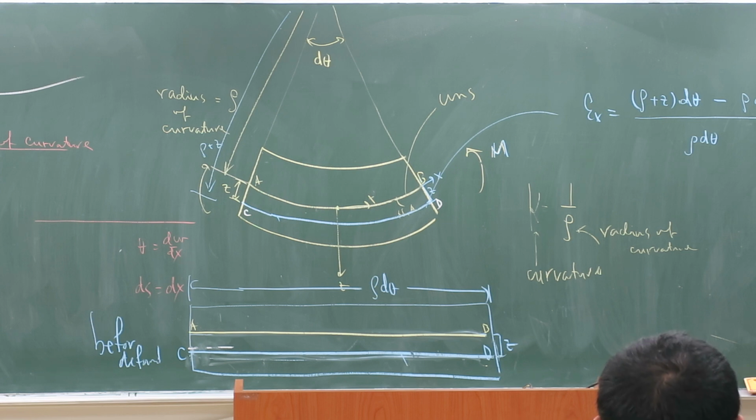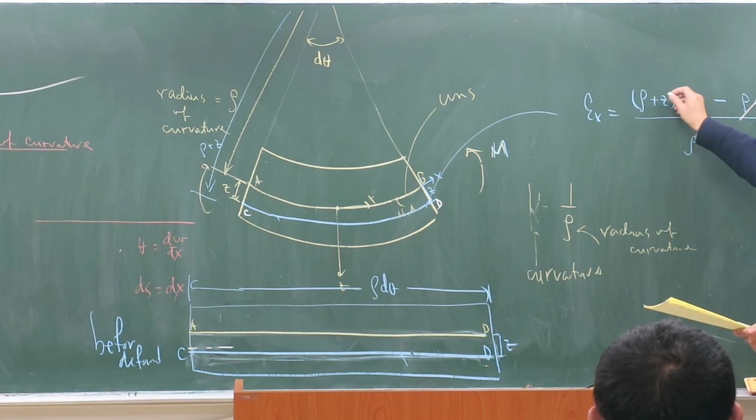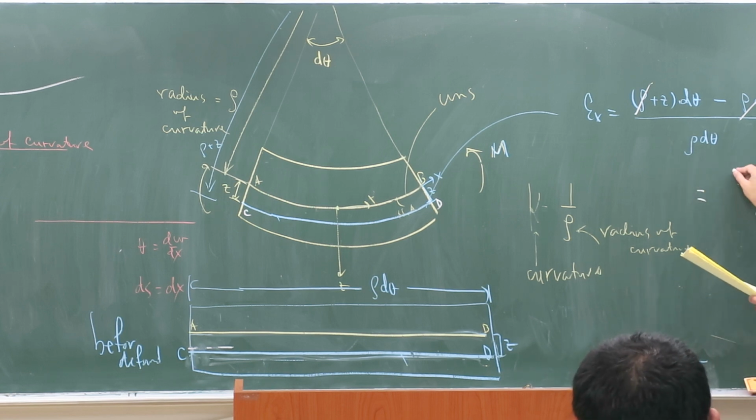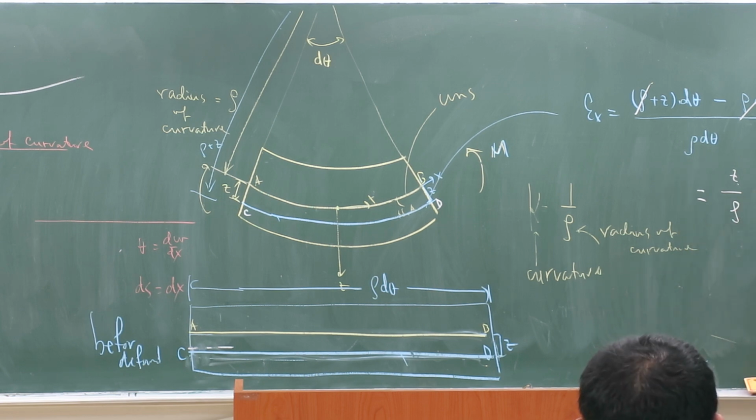All right. So from here, you can see rho d theta, rho d theta. So that will be z over rho, and this will be z times curvature.